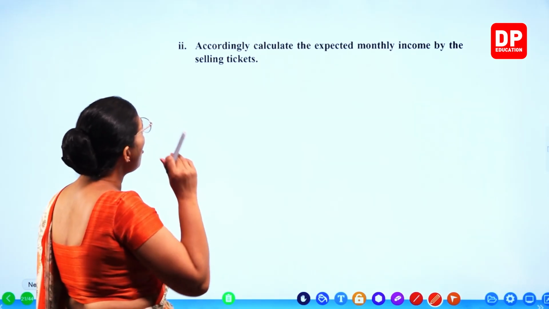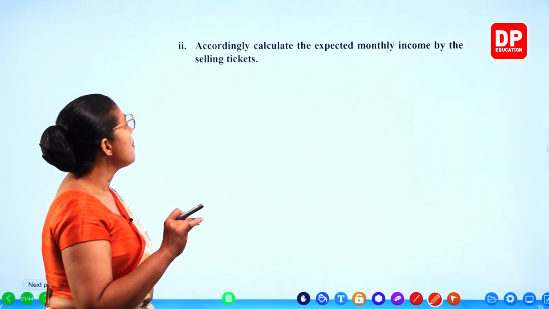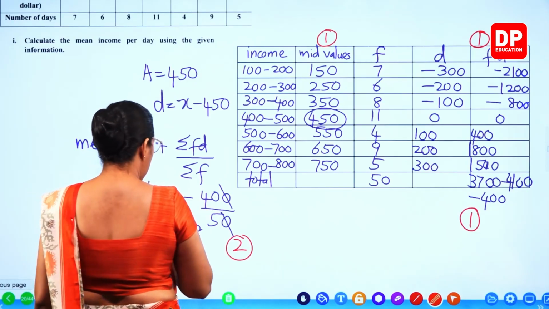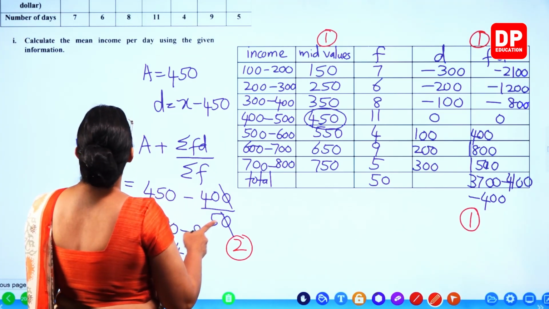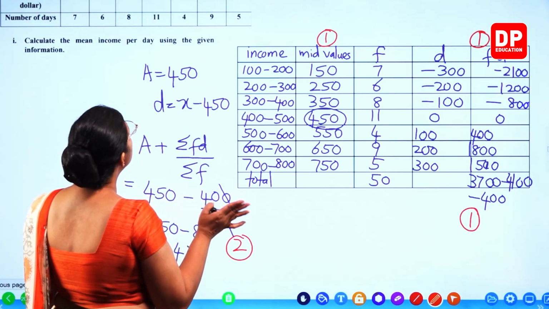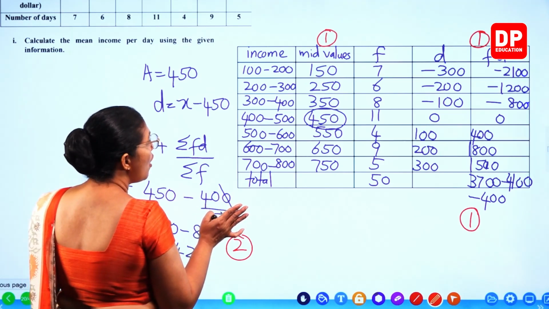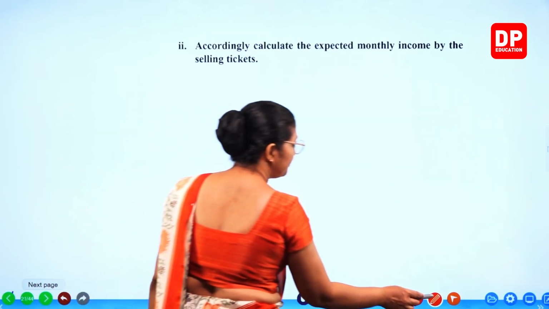Part 2, accordingly calculate the expected monthly income by selling tickets. So, income per day, 442. You have to multiply by 30 because this is about a monthly value.